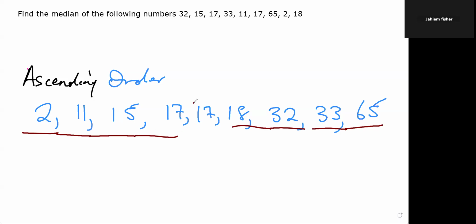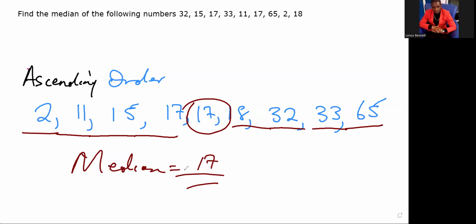And the median is 17. Yeah, good job. Guys, I deliberately put 217 and some persons fell for it. If it's 317, you still have to put the 17 twice. Alright? Very good. So you don't just put one.